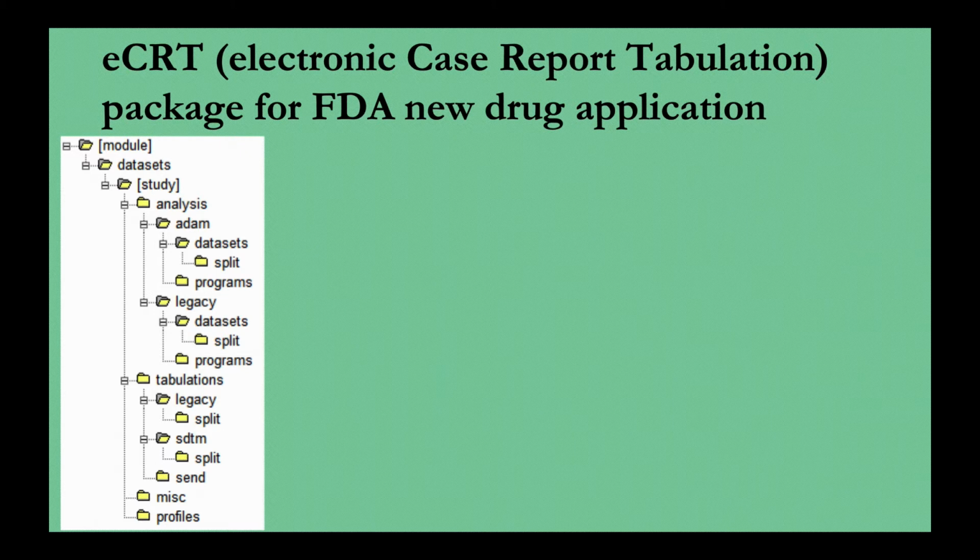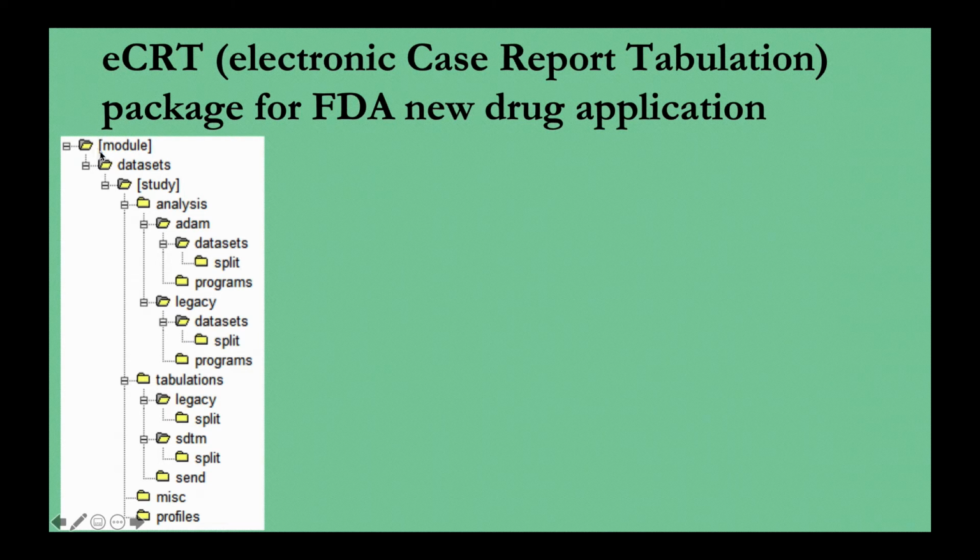The photo here I got from the ADaM implementation guide directly, and this data structure will give you an overview of what the components are for an eCTD package. First, you will have a module folder here.